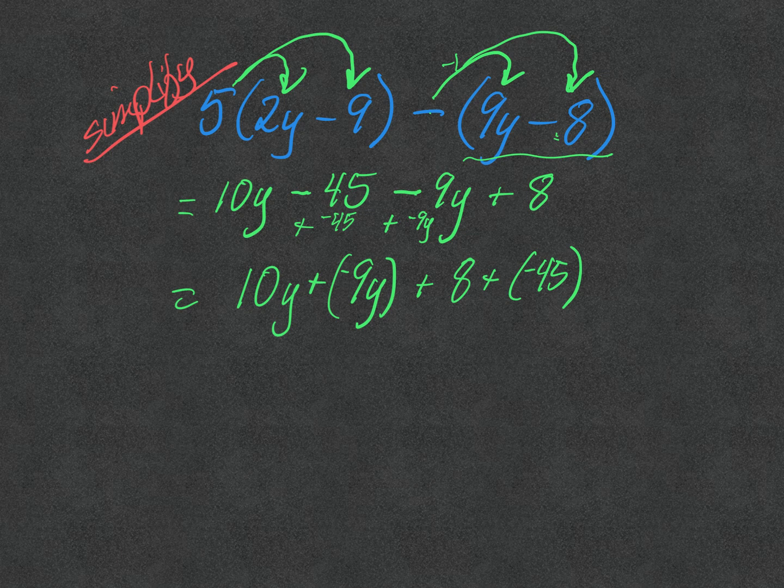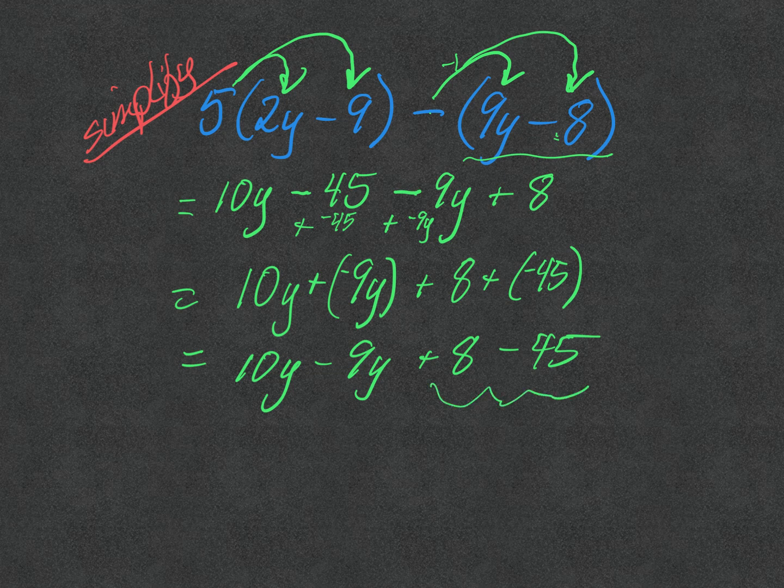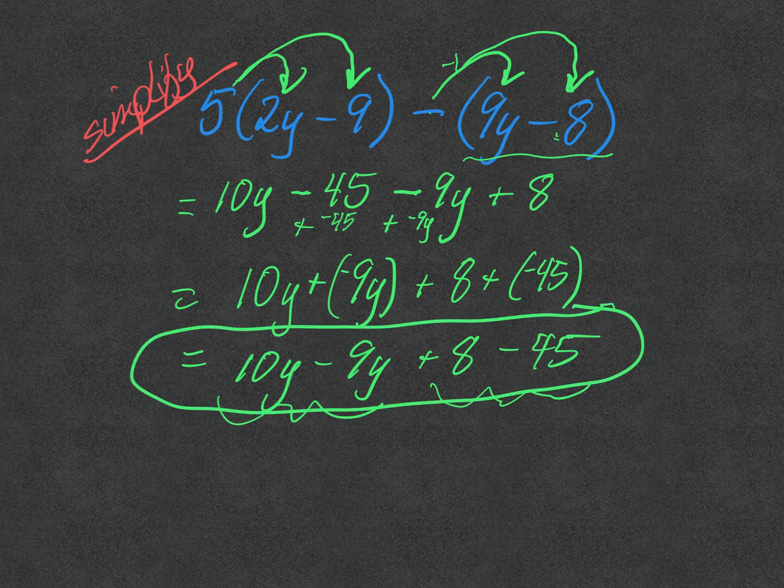However, what you could have done is just say, I'm going to collect like terms: 10y minus 9y plus 8 minus 45. You gather the constants together and the variable terms together. Because it's addition, and you could change this addition of negatives back to subtraction, you can just skip ahead to this step.